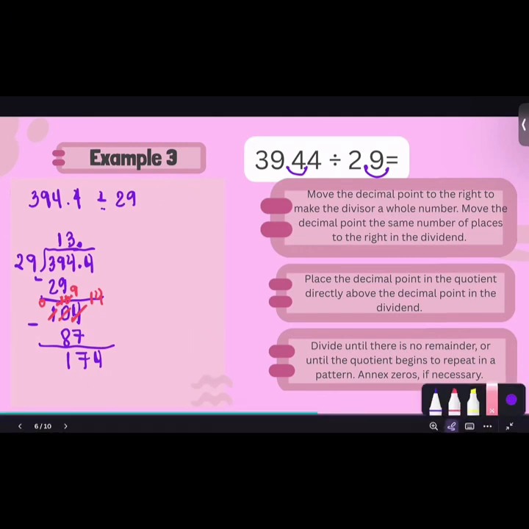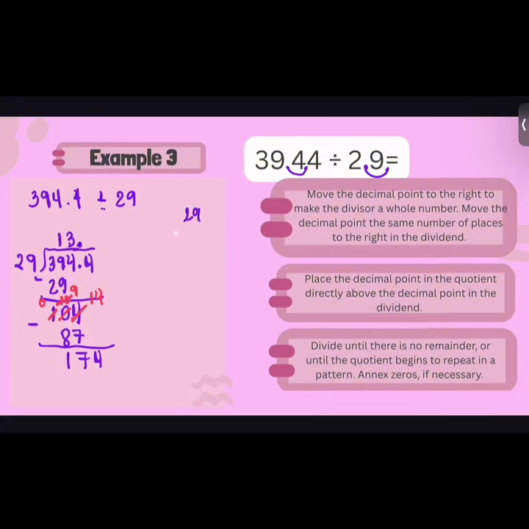So, multiply po natin si 29 kay 5. So, 29 times 5. So, 9 times 5 is 45. So, this is 5, carry up 4. 5 times 2 is 10 plus 4, it is equal kay 14. So, 145, pasok pa rin po kay 174.